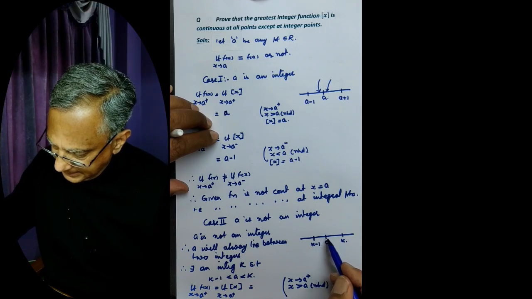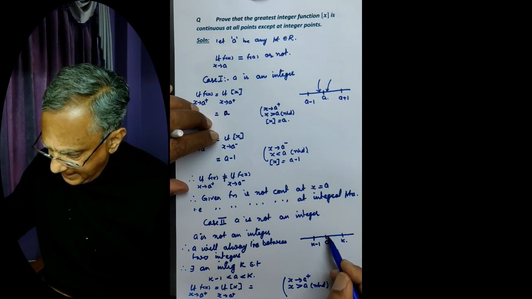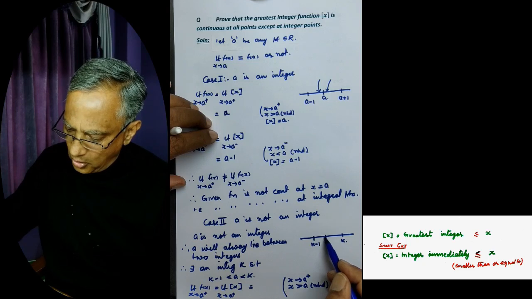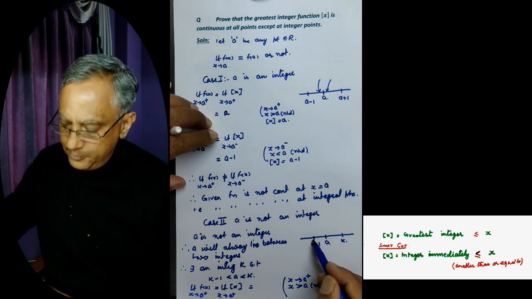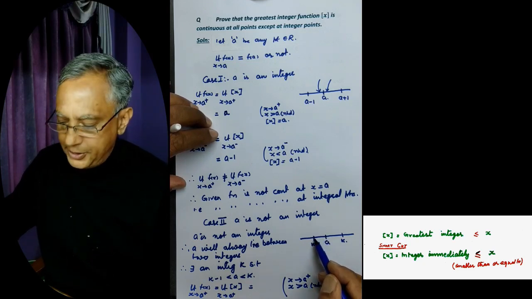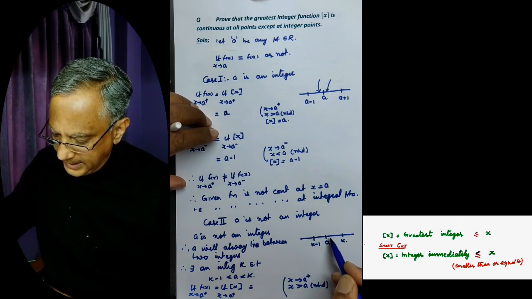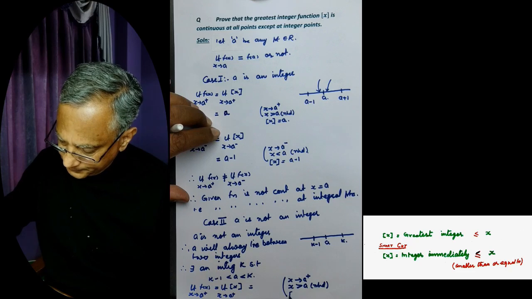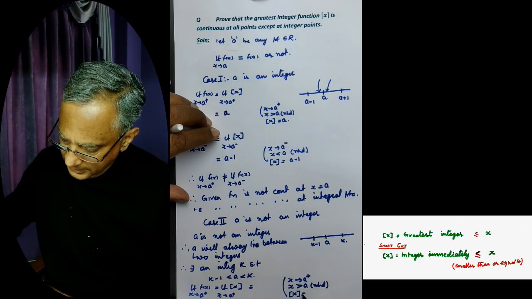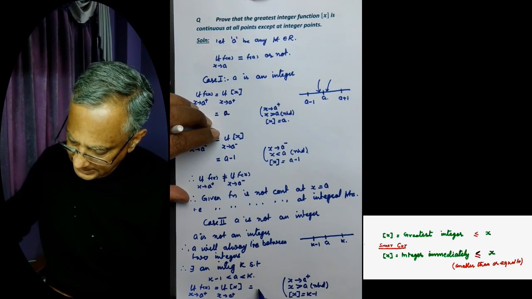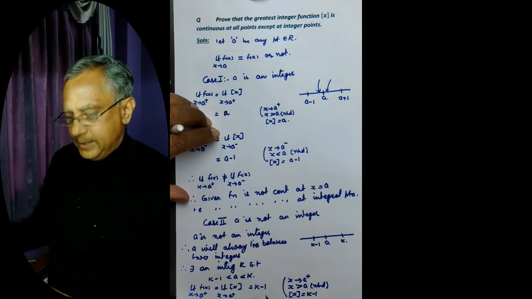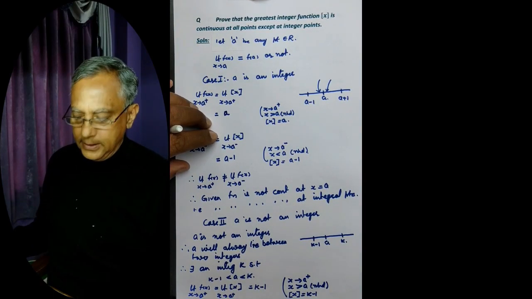So at points greater than a and very near to a, the integer immediately smaller than x will be k minus 1. So integral value of x will be equal to k minus 1. So this limit will be k minus 1.